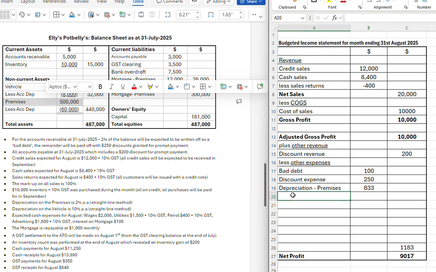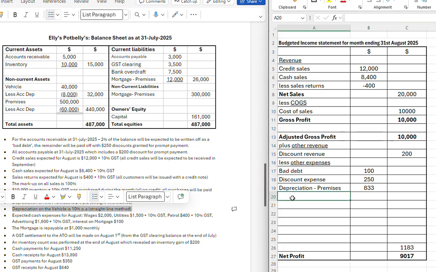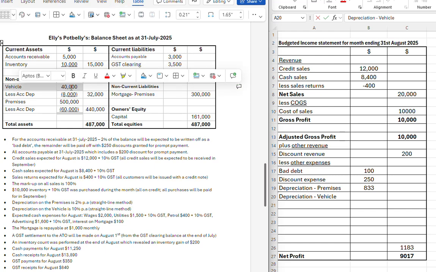833. Same drill with the next one, depreciation on vehicle, 10%. So let's just type in depreciation, vehicle. Again, if we go over to, on the right here, our vehicle is worth, our historical cost is 40K.